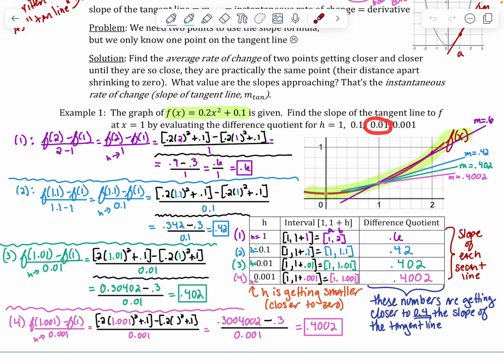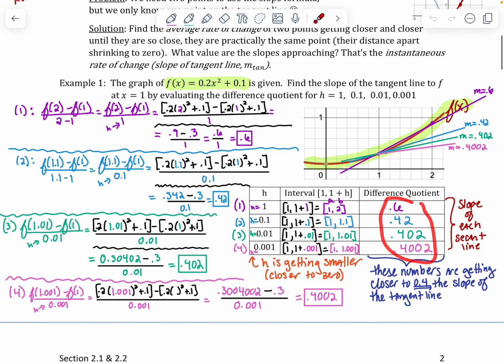Now we want to use h as a hundredth of a distance away. So I'm taking the 1 I'm given, adding 1/100th to it. So I'm finding the distance between 1 and 1.01 for a slope formula, plugging it into the formulas, and I keep getting all of these different slopes.